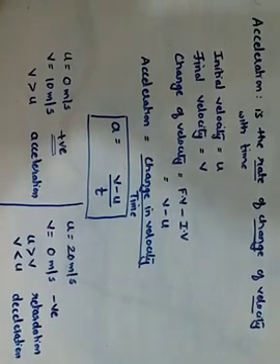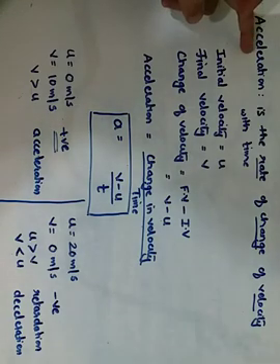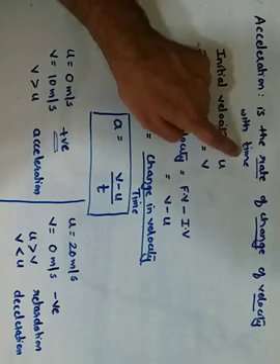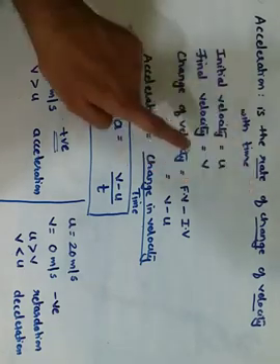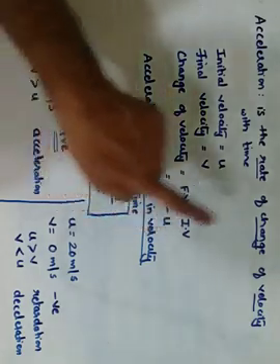This is your proof and the explanation about acceleration. So let me once again revise all three. Acceleration is defined as the rate of change of velocity with respect to time. Rate means upon, so change in velocity upon time.